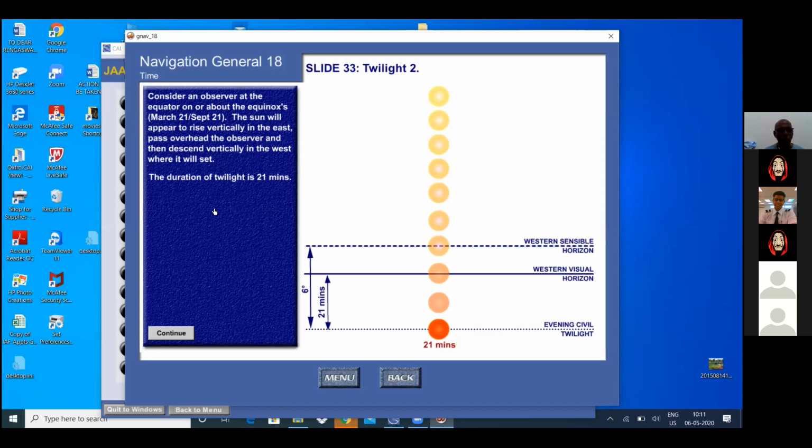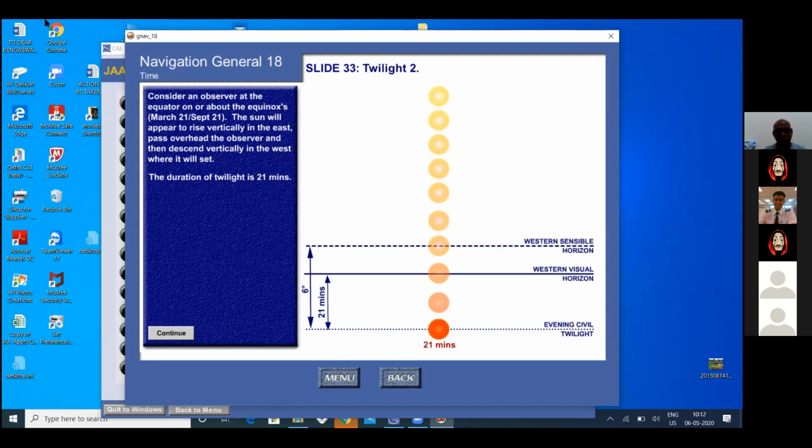Now, the minimum twilight time is 21 minutes. Between the sensible horizon and the sun going 6 degrees below the sensible horizon, it will not be less than 21 minutes.